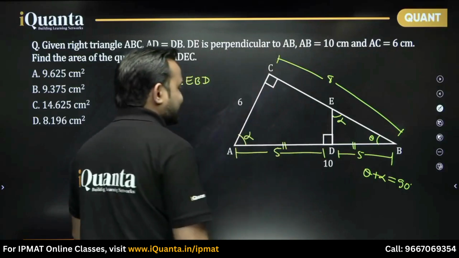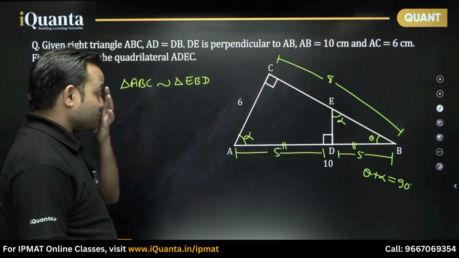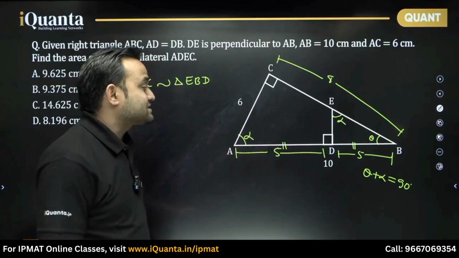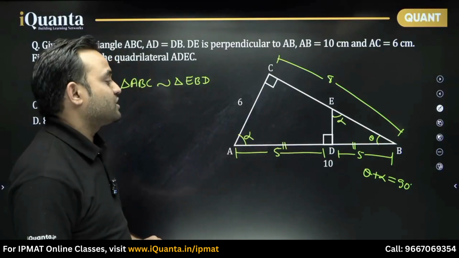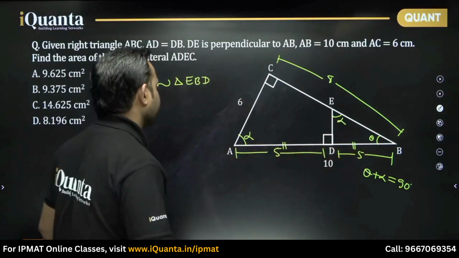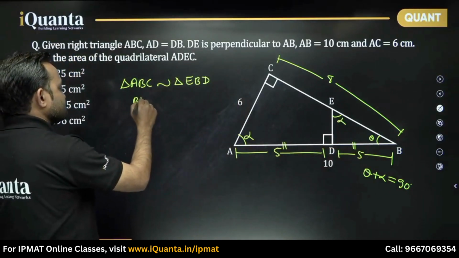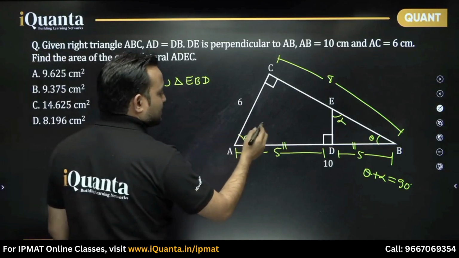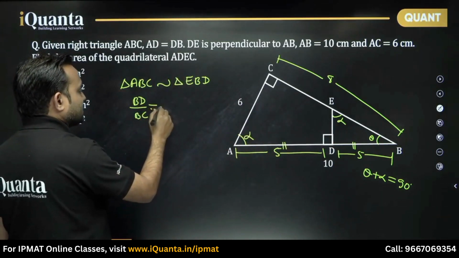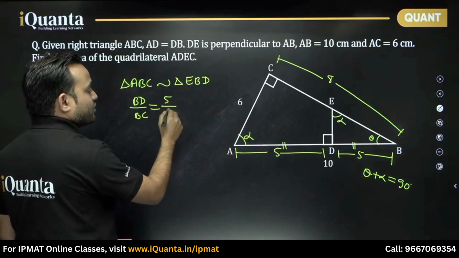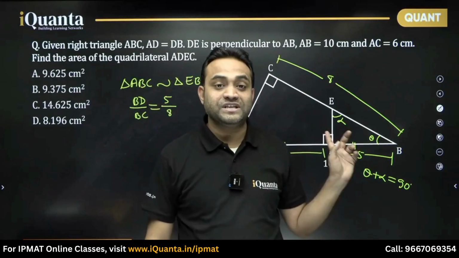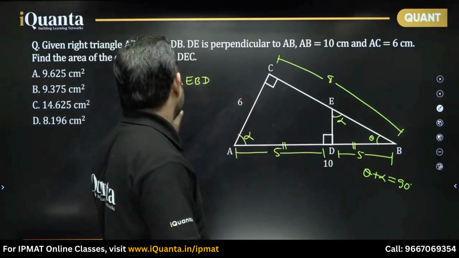So in that case, what will be the ratio of corresponding sides? Against alpha it's 5, against alpha here it's BC, so BD upon BC is equal to 5 upon 8. So the ratio of corresponding sides of these two similar triangles is 5 by 8.